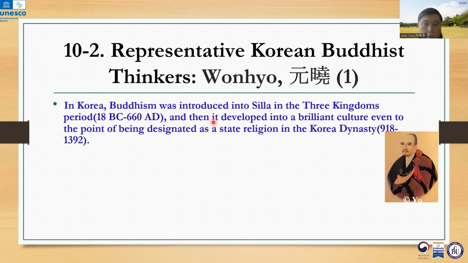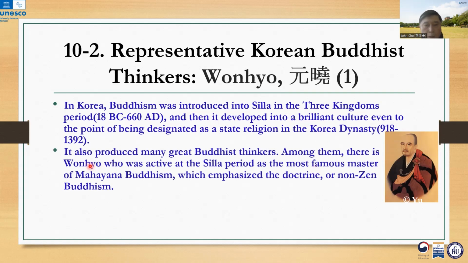And then it developed into a brilliant culture, even to the point of being designated as a state religion in the dynasty afterwards. And it also produced many great Buddhist thinkers.